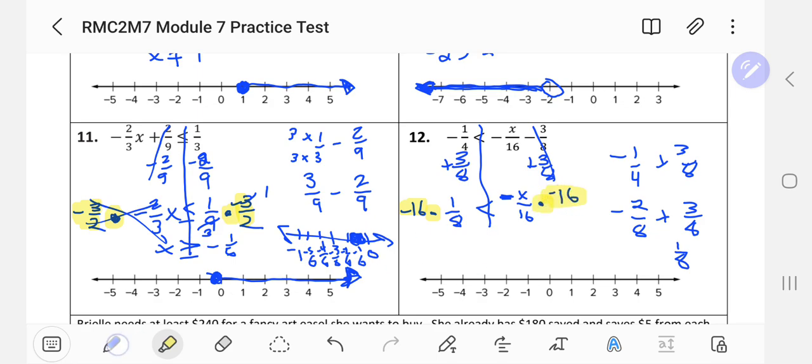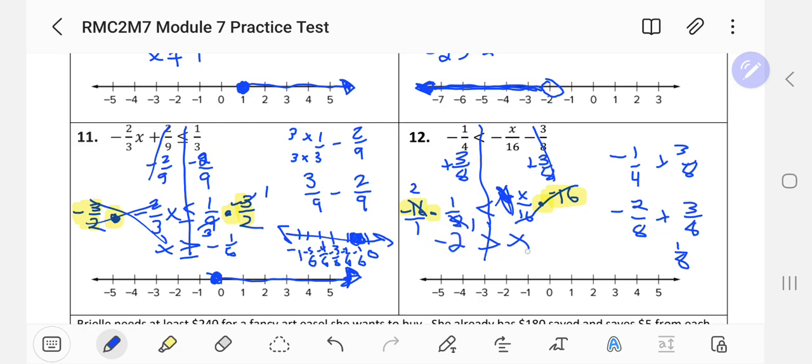All right, so I gotta flip that guy around. These cancel, and that cancels too. There it is. x is isolated, and now we have negative 16 times 1/8. I'm going to put that over 1. Cross simplify, and I get negative 2.